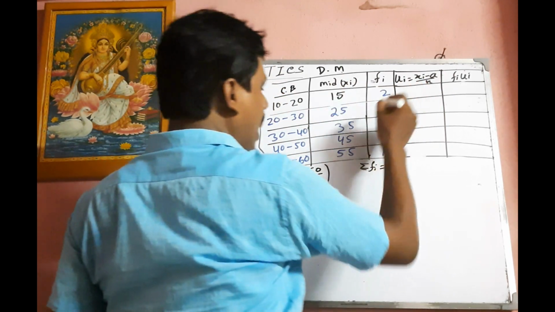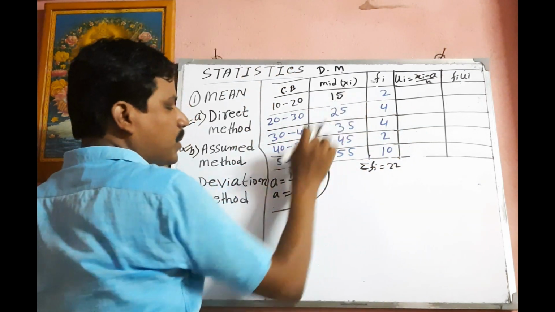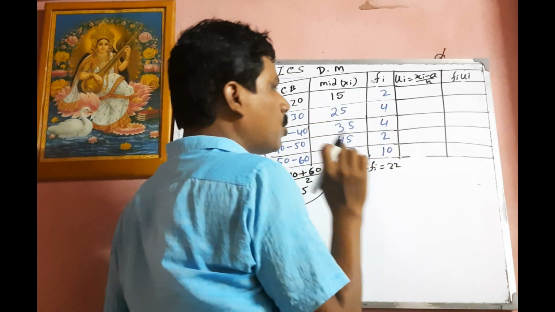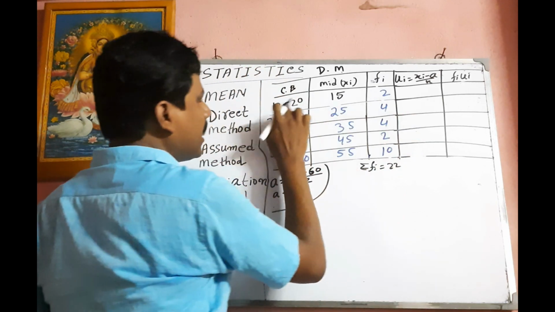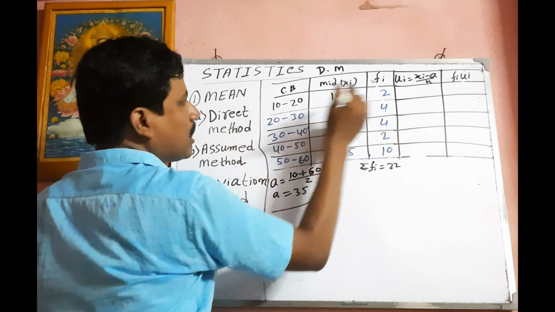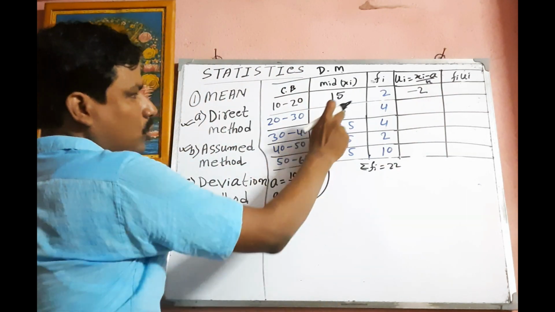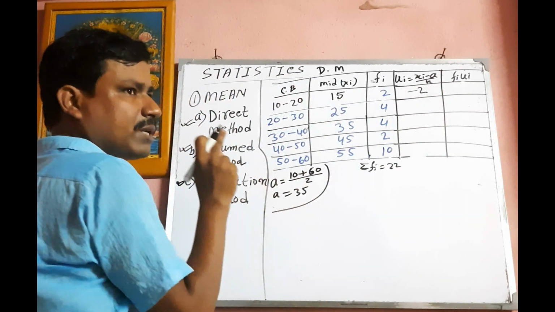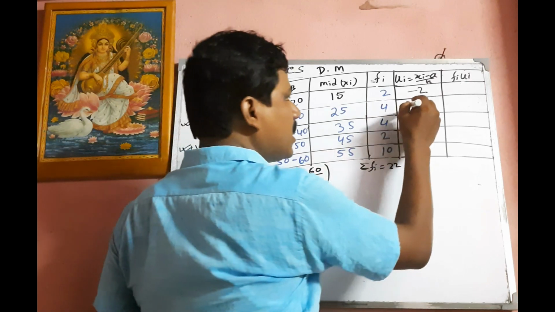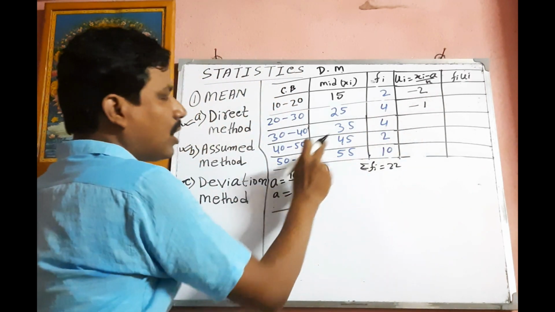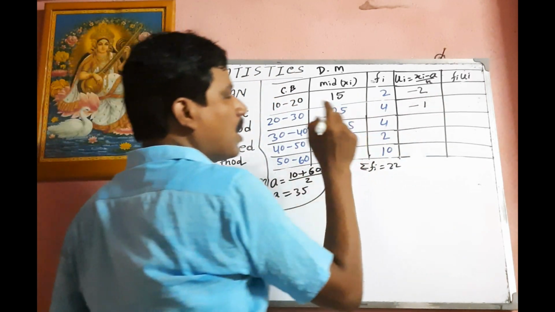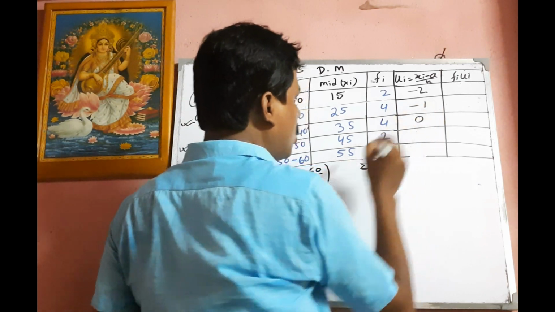When we discuss this part using these xi, a and h, at first we get 15 minus 35, which is equal to minus 20, and h is equal to 10. So this is minus 2. Similarly, 25 minus 35 is minus 10, divided by 10 is minus 1, and 35 minus 35 is 0, 0 by 10 is 0.